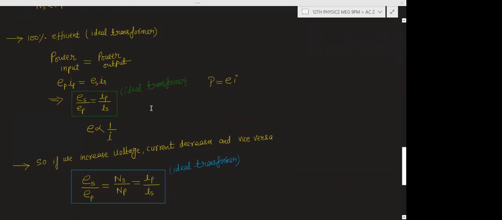Now complete this part, all three of you, and then first analyze the formulas and try to solve the numerical by yourself. I will also solve the numerical, but I want that you should solve.